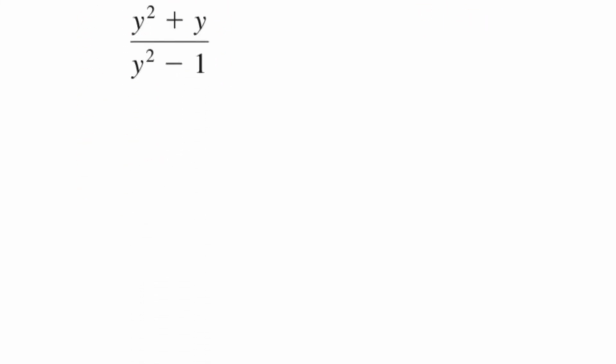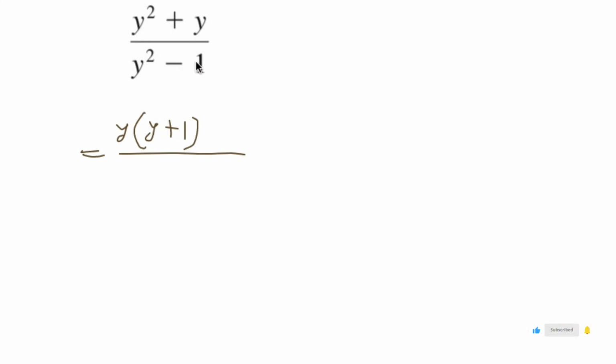Okay, this is another question. In the numerator, y square plus y, we can easily take y common. So here y plus 1. You can use the distributive property and check whether you get this or not.